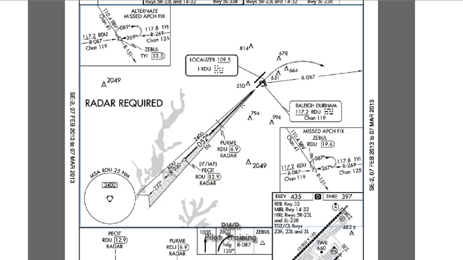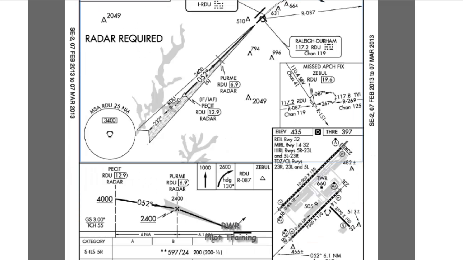Now, since we're expecting the vectors, we definitely will want to arrive at the approach at the right time, at the right altitude. So the arrival is going to bring us probably down to, I don't know, 4,000 or so. But let's check that first.